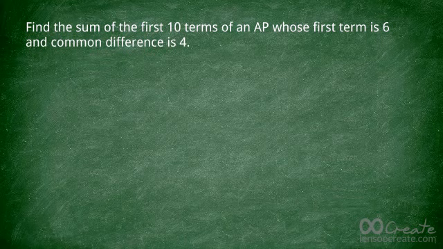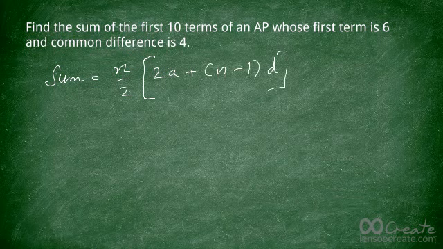Alright, so here's the explanation for this particular question. We're looking to find the sum of this series, and the sum we know is equal to n over 2 times 2a plus n minus 1 times the difference. Now we know that the number of terms is 10, the first term is 6 and the common difference is 4. So n is equal to 10, a is equal to 6, and d is equal to 4.